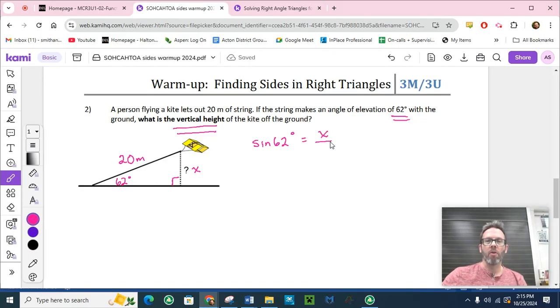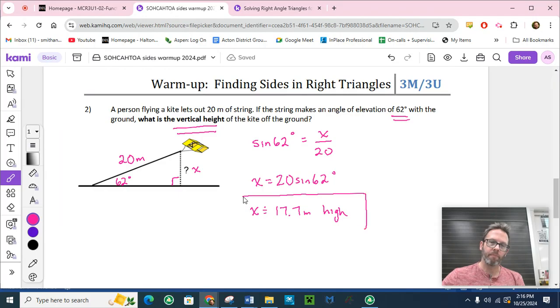So opposite over hypotenuse, and X is on top, so it's just multiplying 20 times sine 62. About 17.7 meters high, and we'll just call that a wrap.